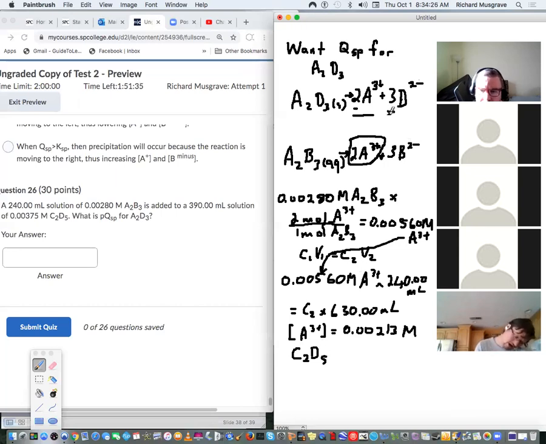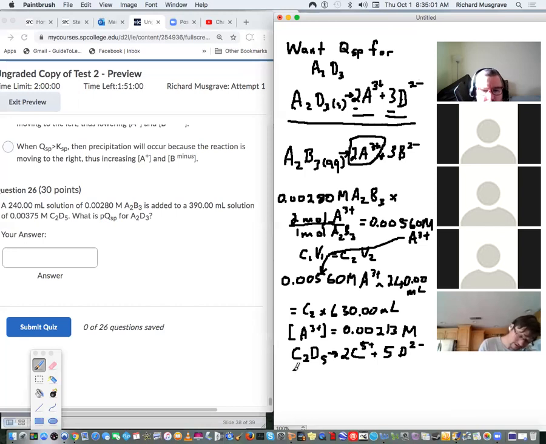And I know that because what I initially want, which is up here, I want D. Now, C2D5 splits into 2 C5+ most likely, plus 5 D2−. So I have to take into account the fact that C2D5 breaks into 5 D2−.